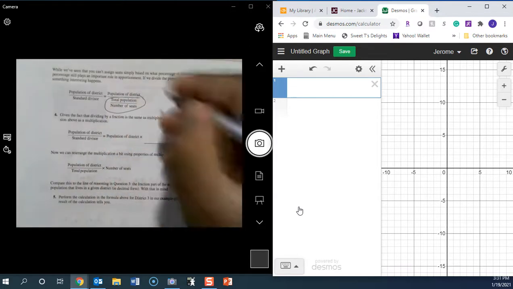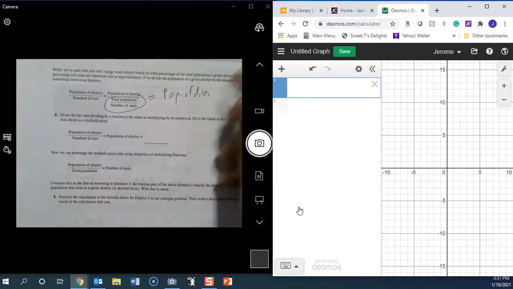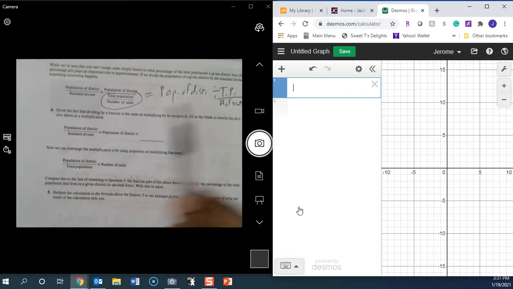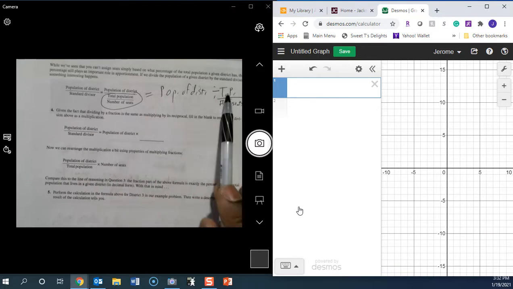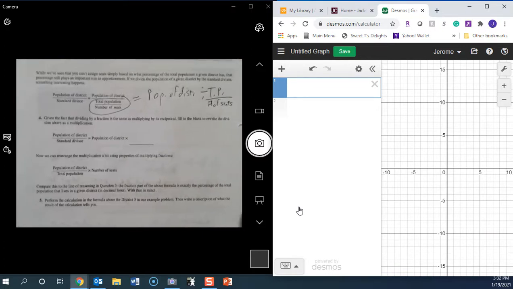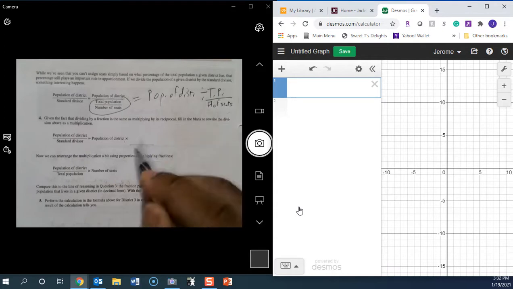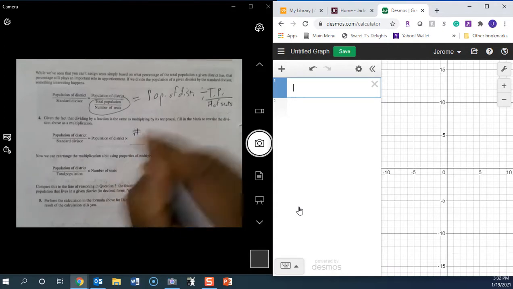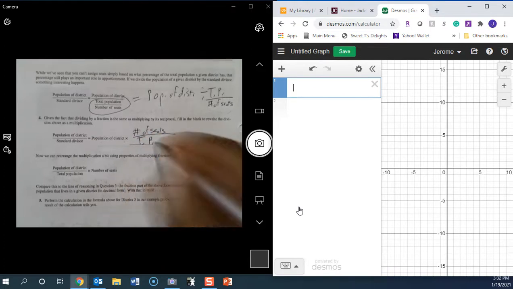This right here is the same as the population of the district divided by the total population all over number of seats. I just rewrote it for a minute here. So when we come down here, we're doing the same exact thing, but now we're going to change this to reflect multiplication. So population of district times, we know when we divide by a fraction, we take its reciprocal and then multiply. So it's the number of seats divided by the total population.